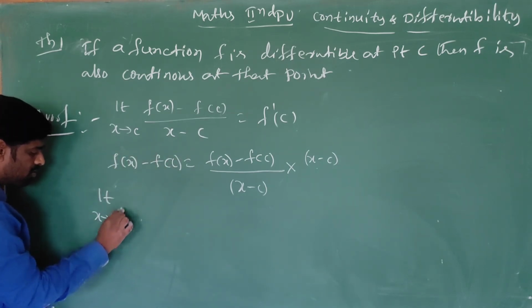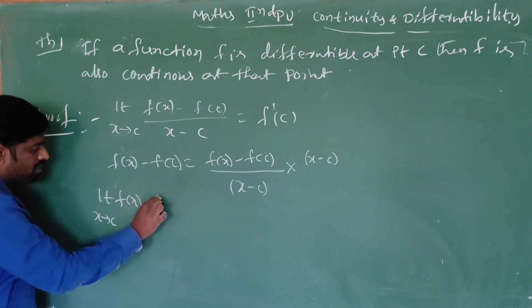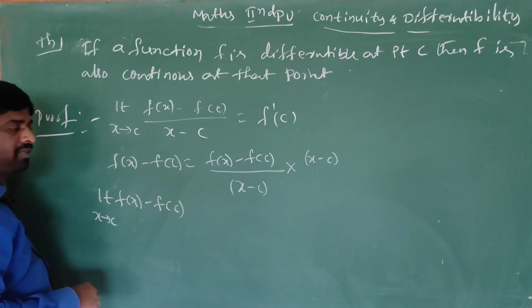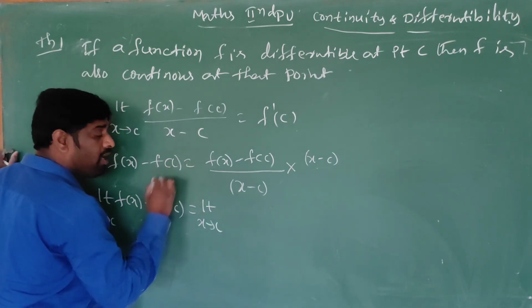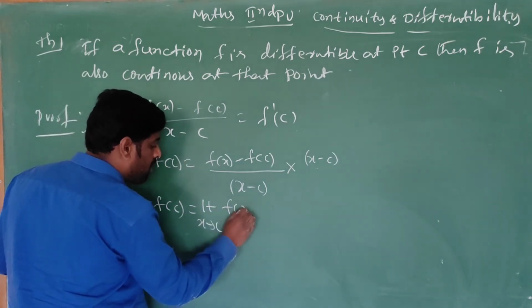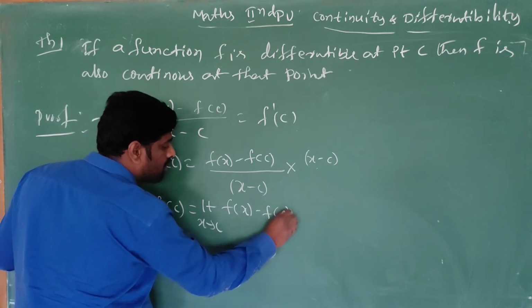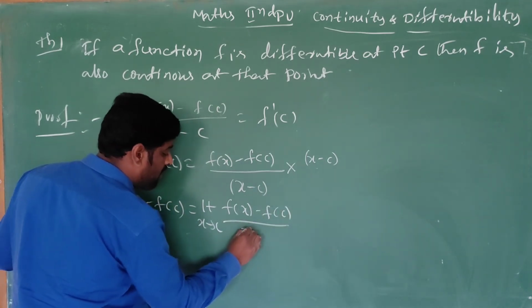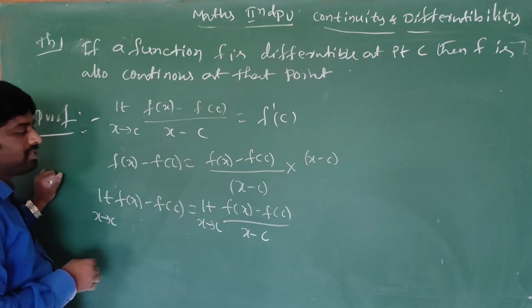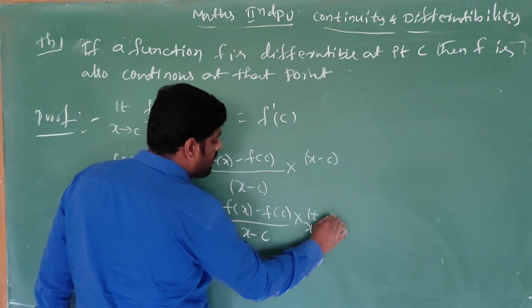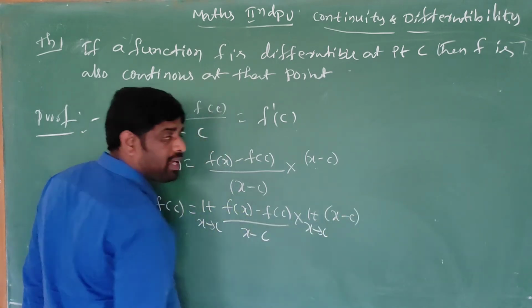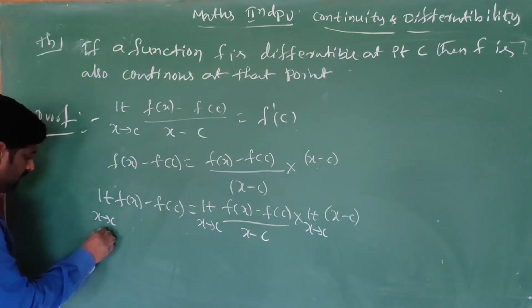Limit x tends to c, f of x minus f of c equals limit x tends to c, f of x minus f of c divided by x minus c into limit x tends to c, x minus c.